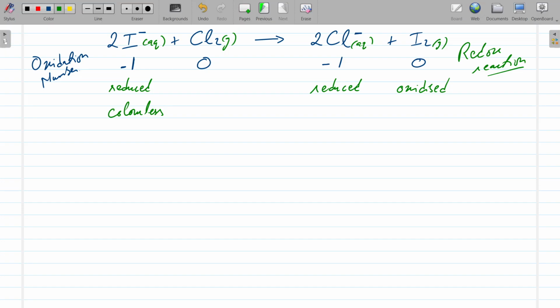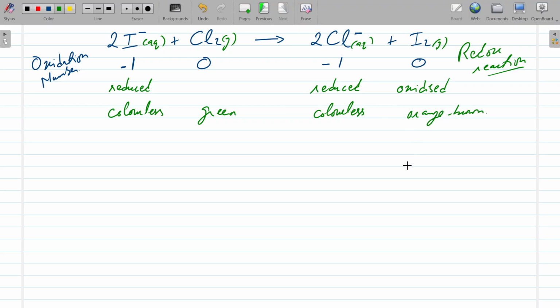The metal halide is colorless, whereas the chlorine is green in color. And when the chlorine forms the metal halide, so potassium chloride, that goes to colorless. So there are color changes involved, right? And iodine is produced, elemental iodine, and that is orange brown.